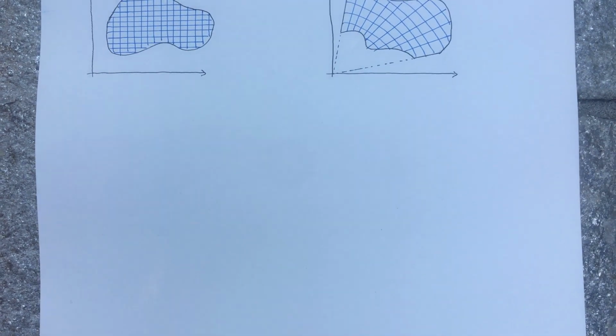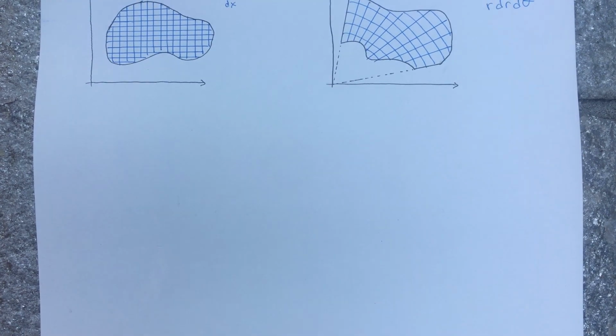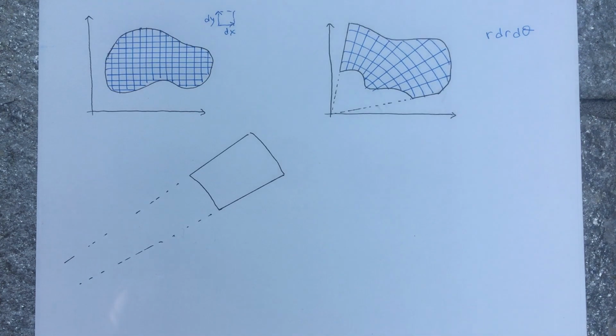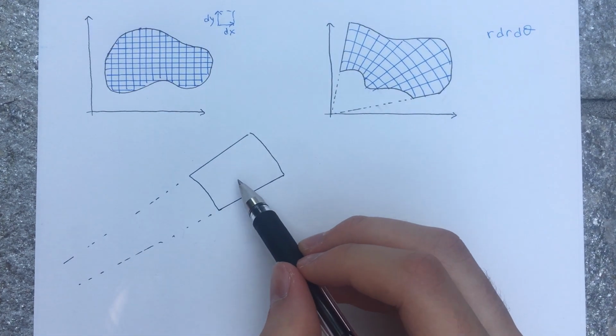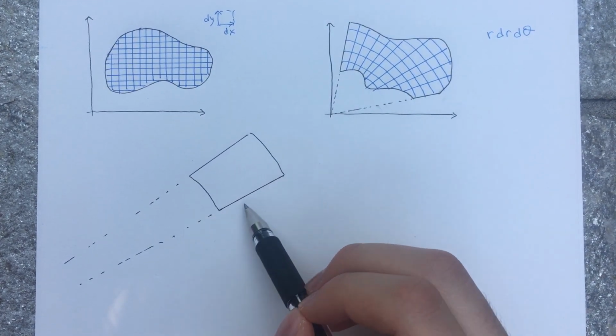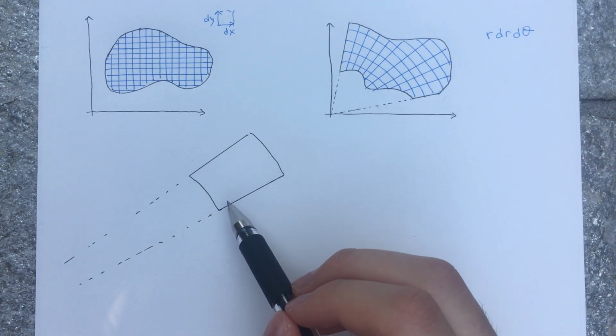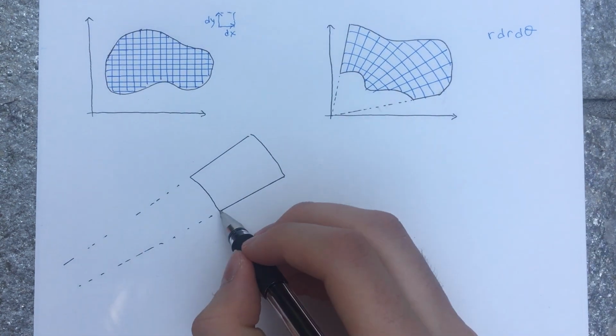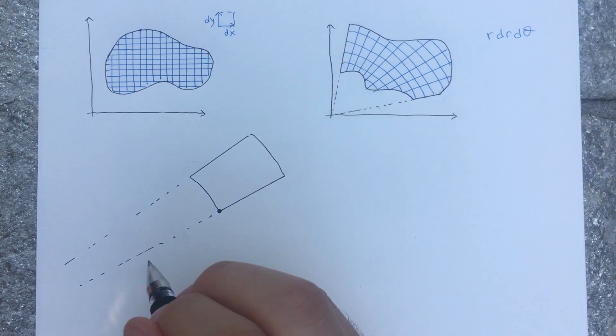Let's now look at a close-up diagram to see exactly how this works out. So here I drew one of those little boxes. I'm just zooming it in so we can see it a little better. This point, let's call this r.